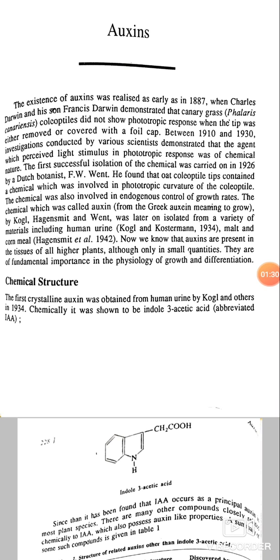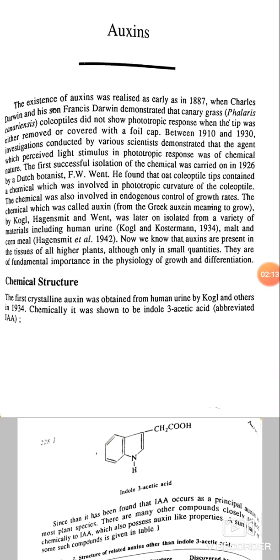The first successful isolation of the chemical was carried out in 1926 by a Dutch botanist named F.W. Went. He found that oat coleoptile tips contain a chemical which was involved in phototropic curvature of the coleoptile. The chemical was also involved in endogenous control of growth rates.